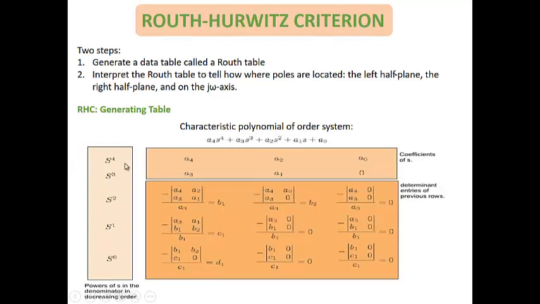So from that, the first thing that you need to do is susun the highest order to the lowest order, dengan susunan menurun. So from here, you have your s^4, s^3, s^2, s^1 until s^0. And then you need to susun the term yang ada pada setiap order yang ada pada sistem.